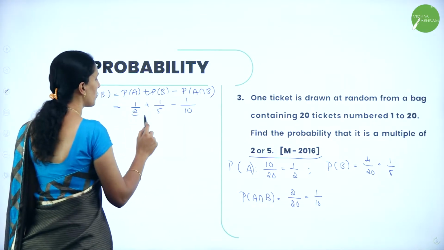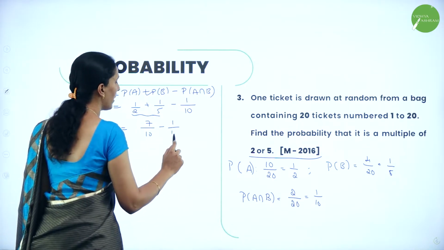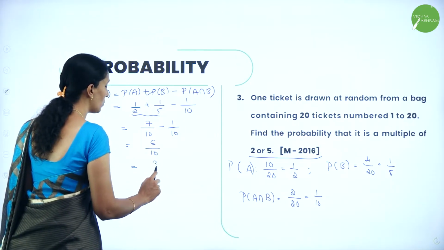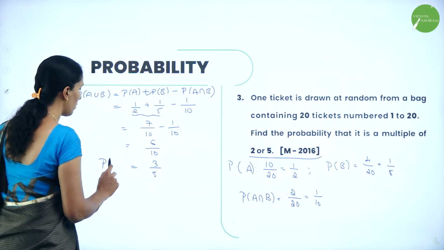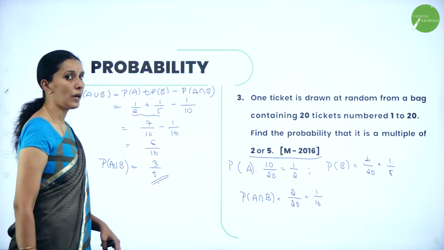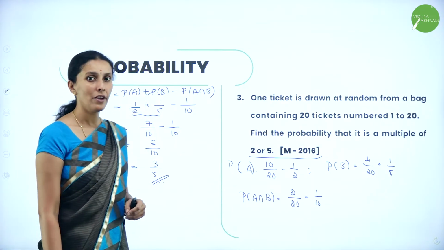When you solve this, you will get 7 by 10 minus 1 by 10, which is equal to 6 by 10. On dividing by 2, you get 3 by 5. So therefore, the probability of getting a number that is a multiple of 2 or 5 is 3 divided by 5.